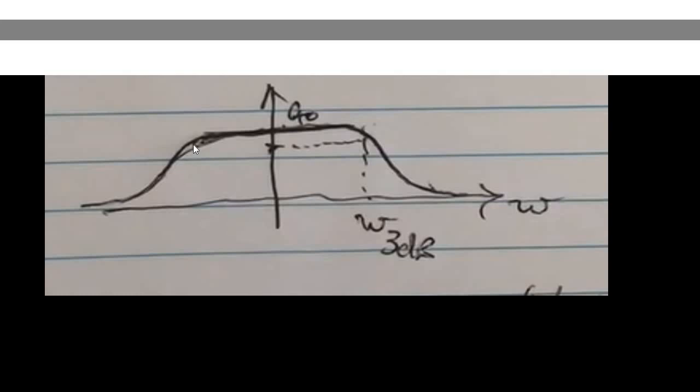This is most likely of a low pass filter, where we assume that the gain has a 3 dB bandwidth, right? So basically it is not an ideal low pass filter because it does not have any sharp cutoff.